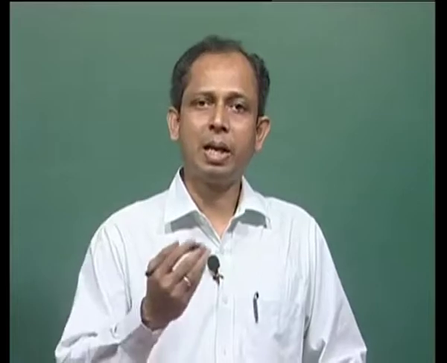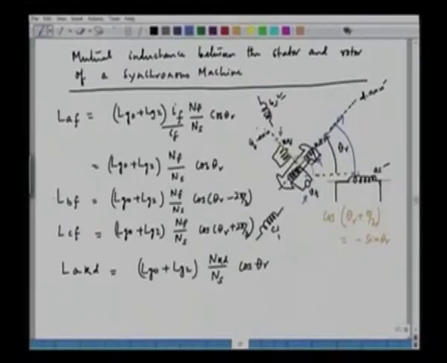Similarly, we can evaluate the inductance between phase B of the stator and the field winding. It is basically a matter of phase shift. So we can see that this LBF, that is this inductance, is given as (Lg0 plus Lg2) into NF by NS into cos of theta r minus 2 pi by 3, because phase B is shifted from phase A by 2 pi by 3, and that is why we have a factor of cos of theta r minus 2 pi by 3 coming into the picture here.